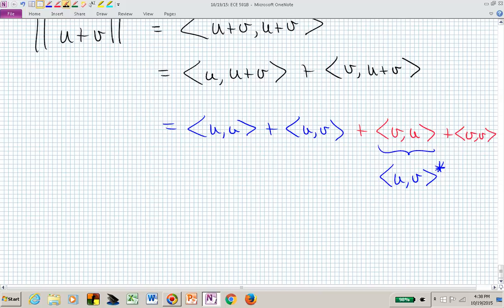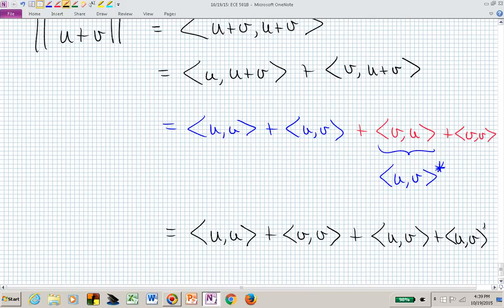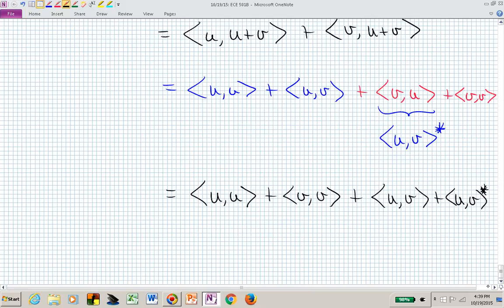Let me reorder those a little bit. Let me say I have u and u inner product and v and v. So now I'm taking the first and the last term in those four terms, and I now have u and v plus u and v conjugate. What do I know about a number plus its complex conjugate?